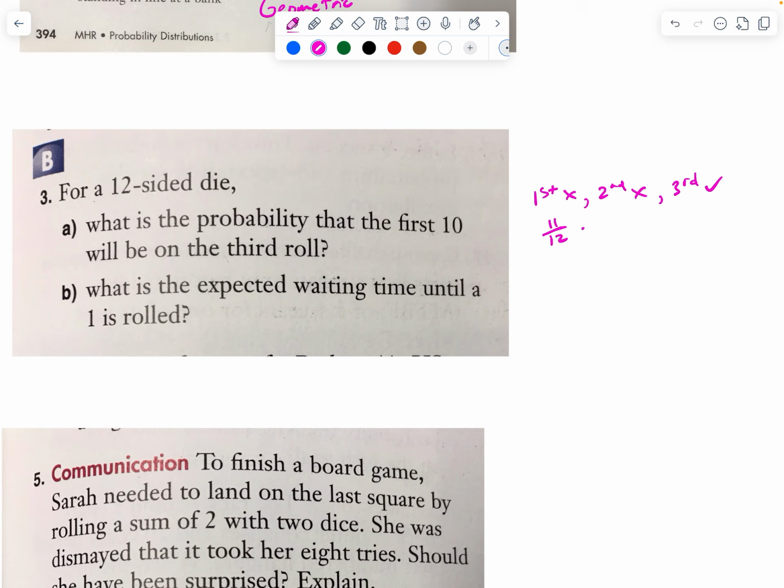And then we multiply, there's an 11 in 12 chance you don't get it again. And the probability you get it on the 3rd try would be 1 over 12. And so we just multiply that out, and you get 7%.